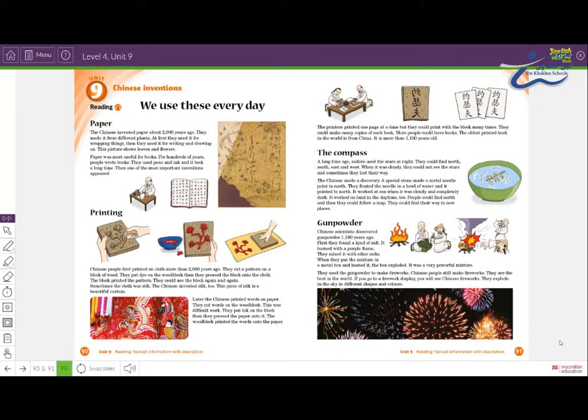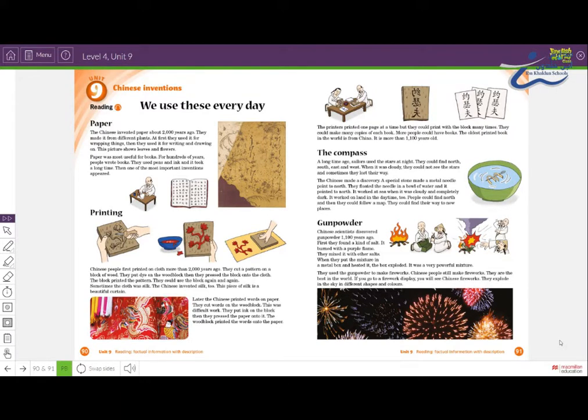Okay, what else? What can you see on page 91? We can see people who are trying to make several copies of paper using wood block. Yes. What else can you see? Can you see a needle on a pool of water? Oh, yes. And finally, what else can you see?